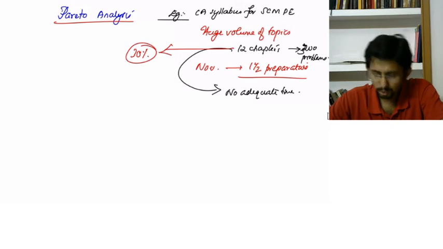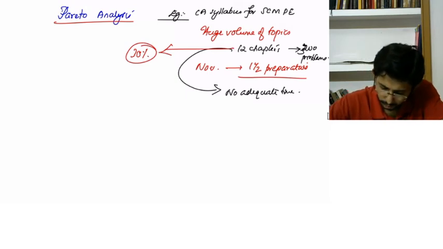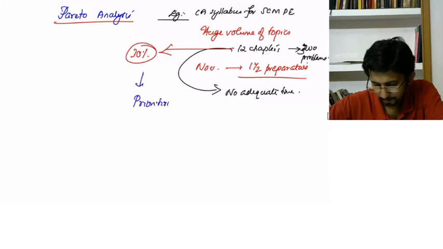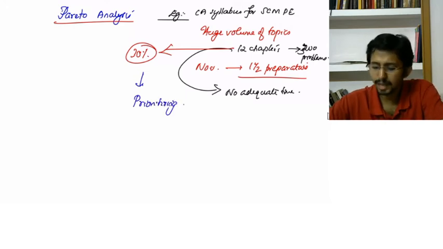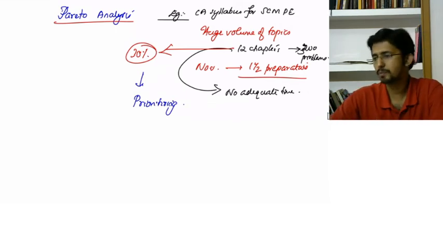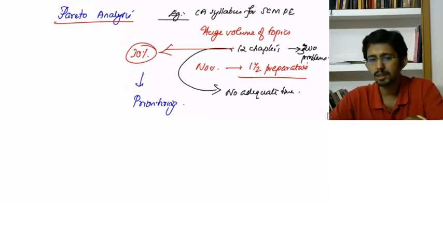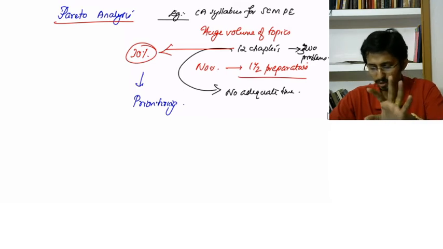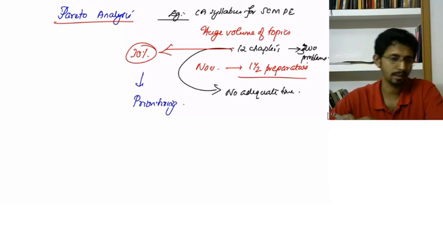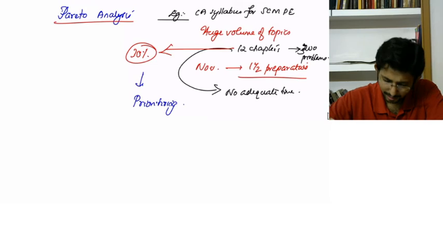So you are forced to do some sort of prioritizing. Within this limited period, you have not started your preparation for other topics which you need to do. So it is not possible for you to have 100% preparation for all these 12 chapters within this given time constraint.